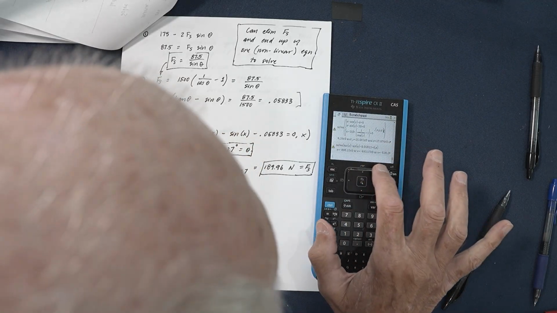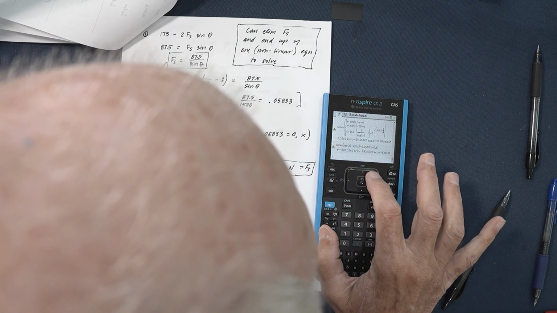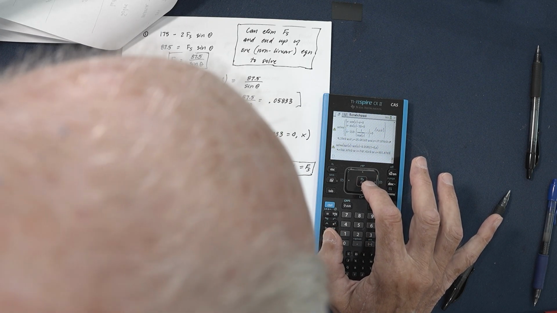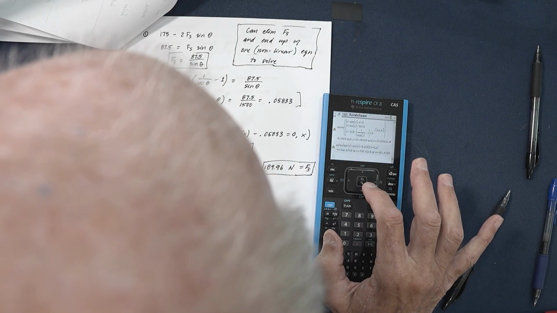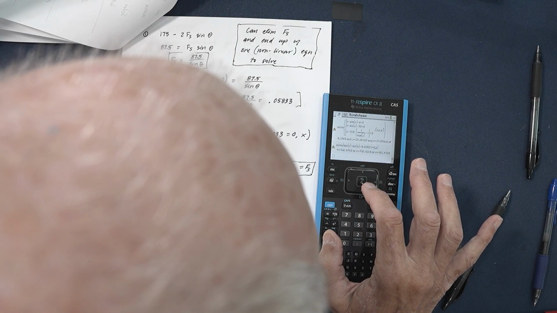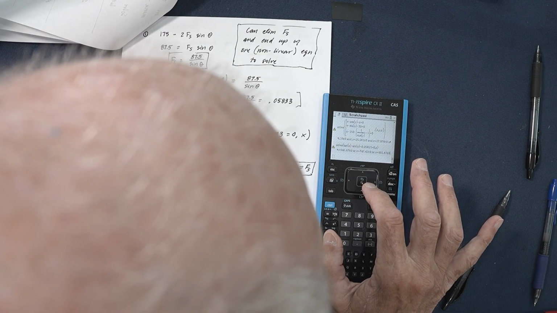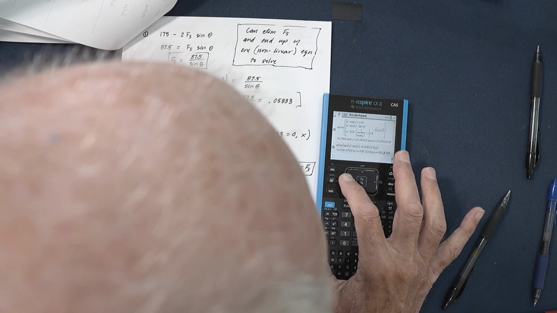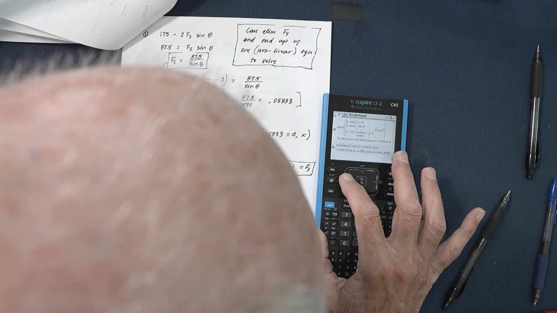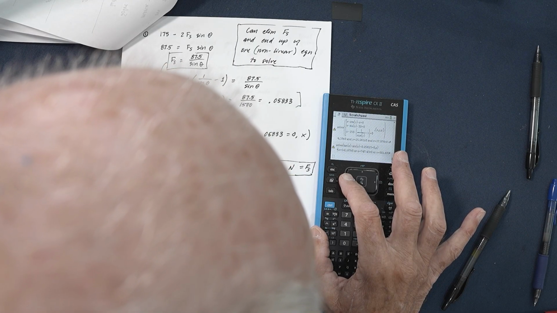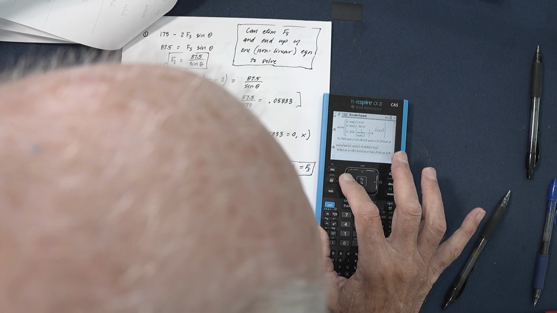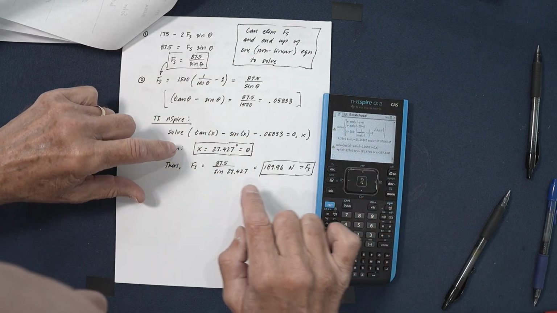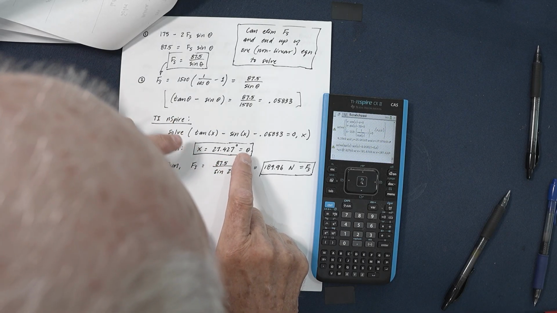And it gives us several choices for x, but the correct one is 27.43, 27.427 degrees.